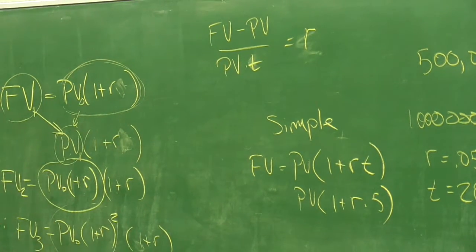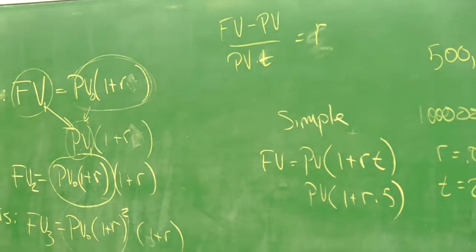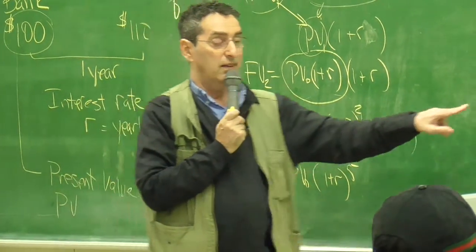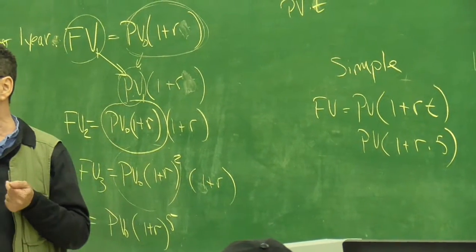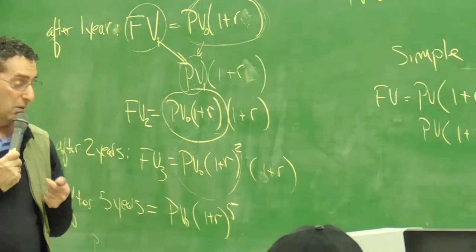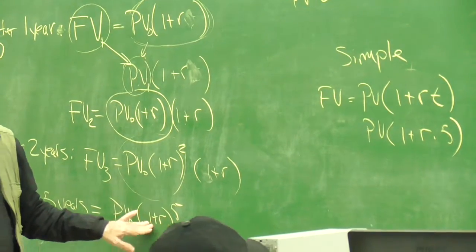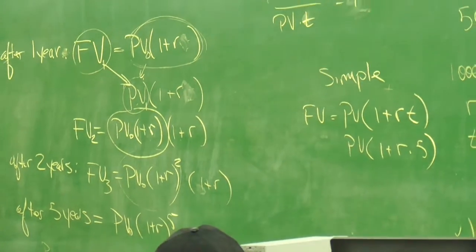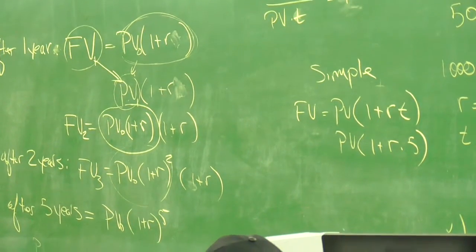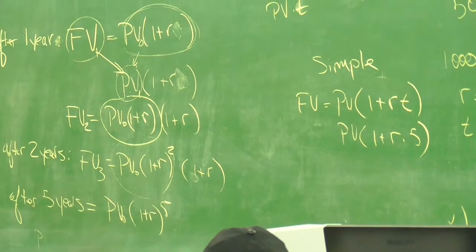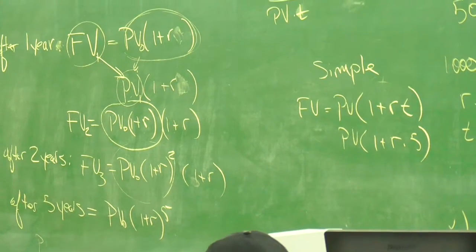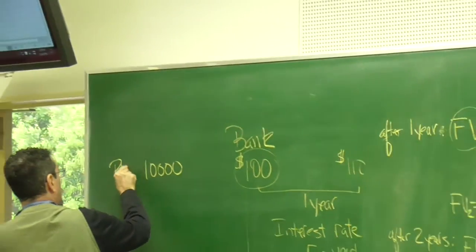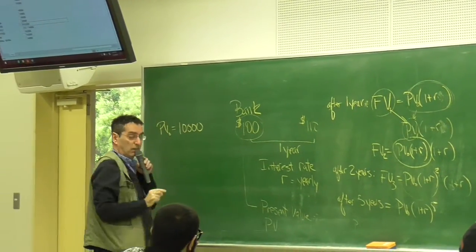So that's different than this, right? And we can guess that this is going to be bigger than this, because if you leave the money in the bank, you expect to have more at the end. So we can guess that this is going to be bigger than this, right? Okay, so why don't we do this calculation? So let's go back, let's do it both ways. And let's say that we start out with 10,000. So that's our PV, or maybe we should use PV0 now.